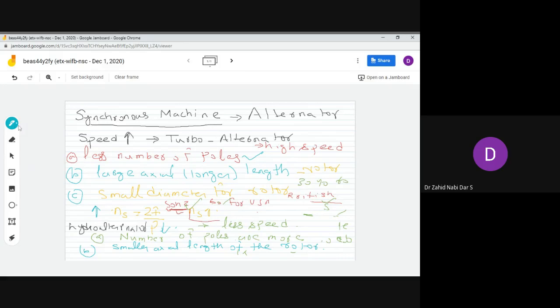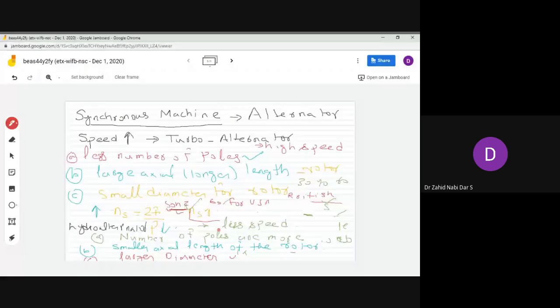And the third factor is that it has a larger diameter. So, small axial length and larger diameter. These are the factors that you encounter in a synchronous machine.